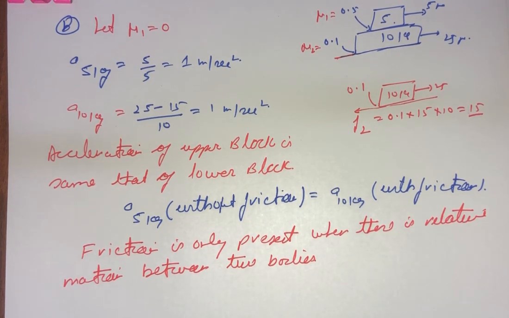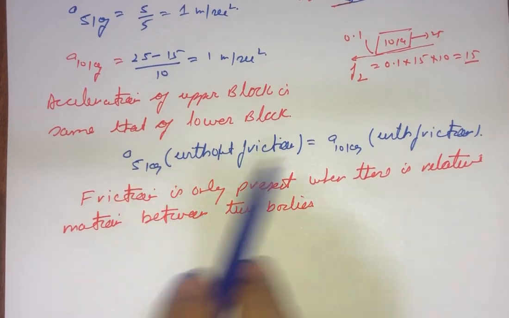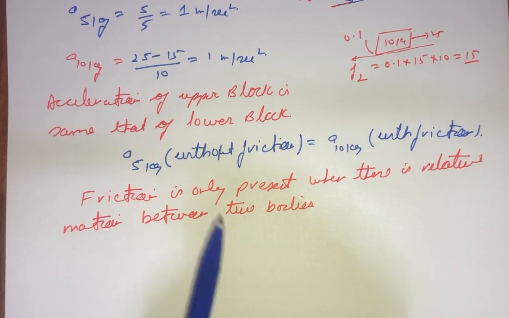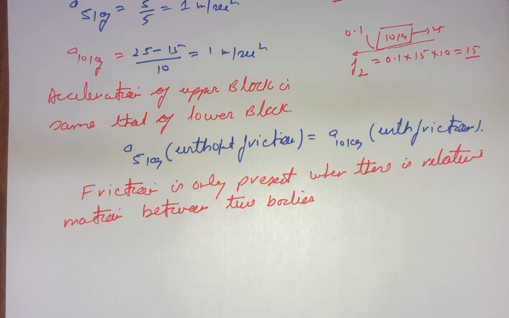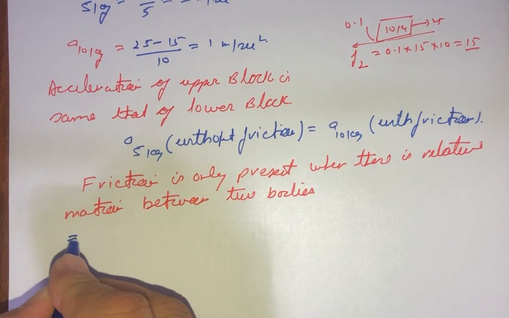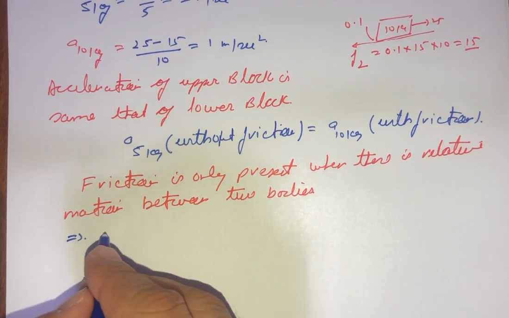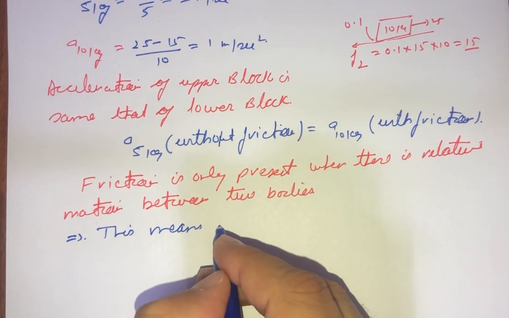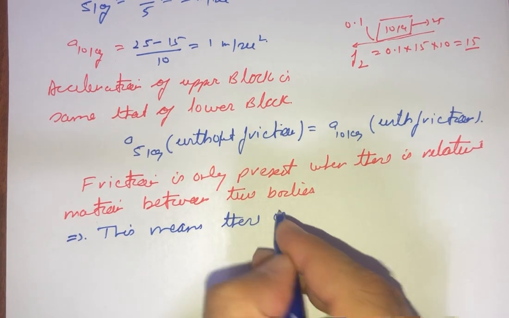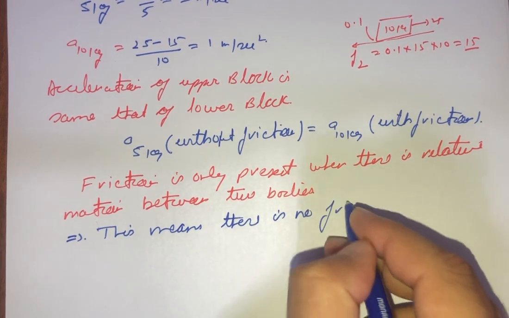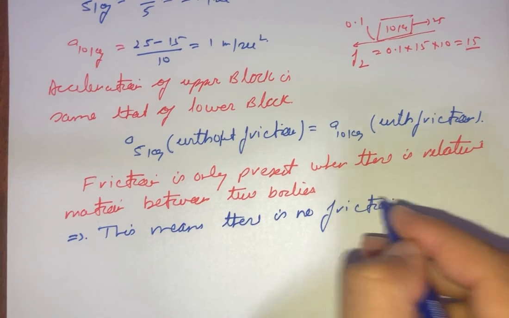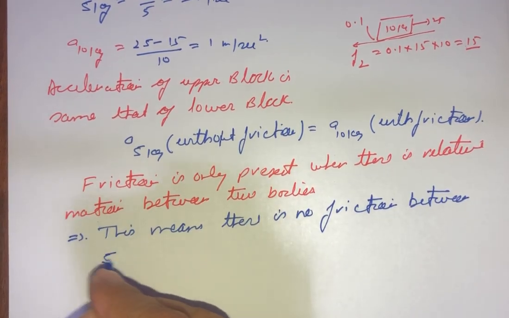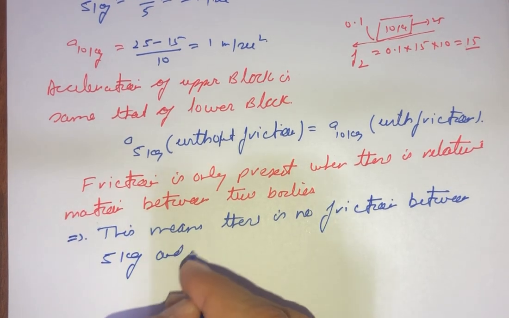In this case, the acceleration of 5 kg and the acceleration of 10 kg is the same, so there is no relative motion between the two bodies. This means there is no friction between 5 kg and 10 kg.